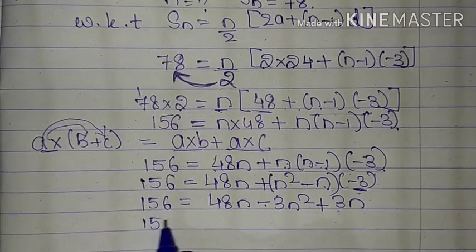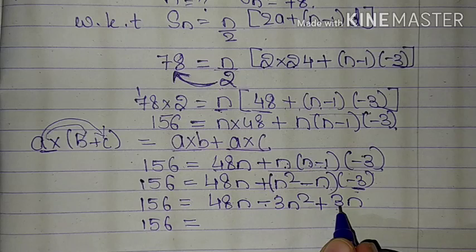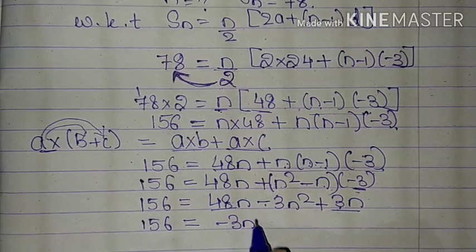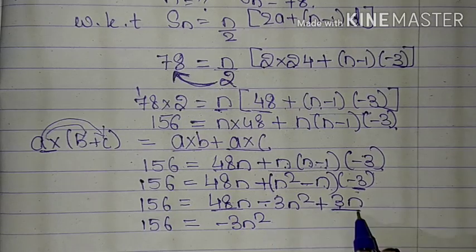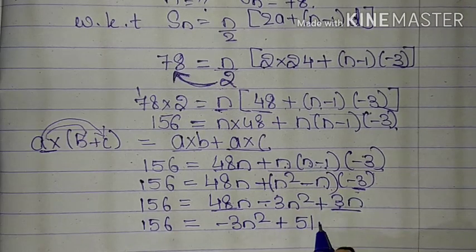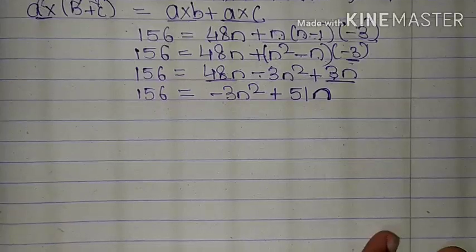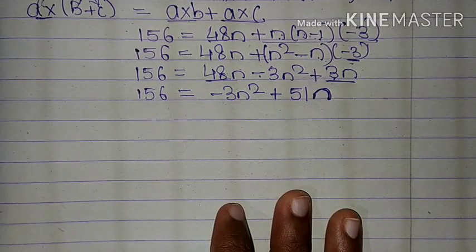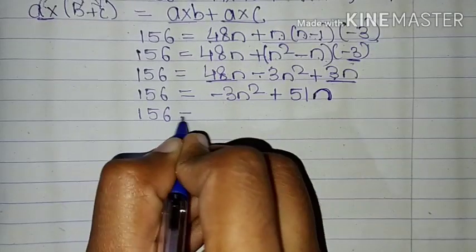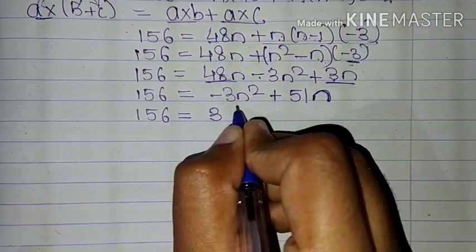So 156 is equal to 48n plus 3n. These are the like terms, so we'll add them: minus 3n square, 48 plus 3n will be plus 51n. Now, in this case, look here. 156 is equal to, I'll remove 3 from this expression.